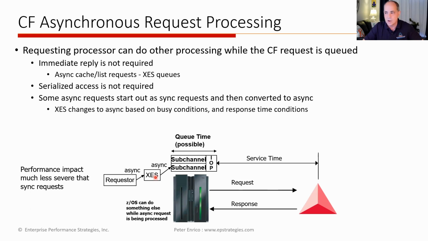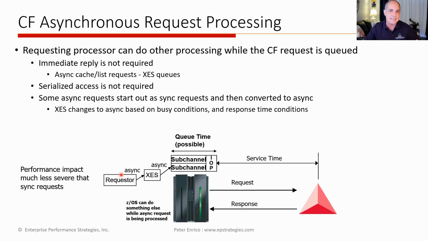An asynchronous request, again, is a request being made to the coupling facility, but now instead of being made synchronously, it's made asynchronously. Or another way of putting it is, when the requester makes the request and the entire flow of the request is being processed, the requester is not sitting on a CPU waiting for a response. It's off doing something else. It freed up the CPU. Something else can be done.